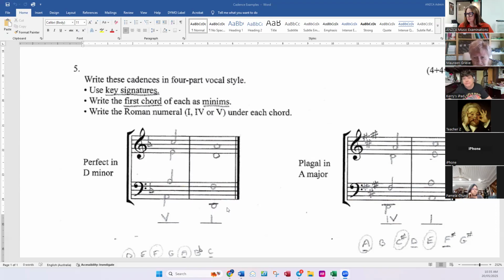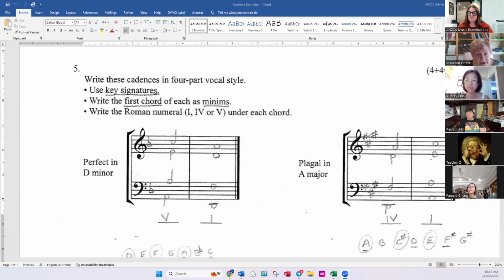Looking at the plagal cadence, yes, the notes are all in place, but I like a plagal cadence, if you think of the plagal cadence, a plagal cadence is the amen cadence, and it really should fall. The voices should fall rather than rise.